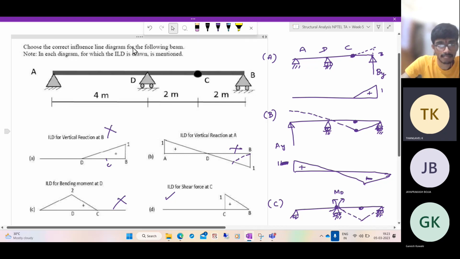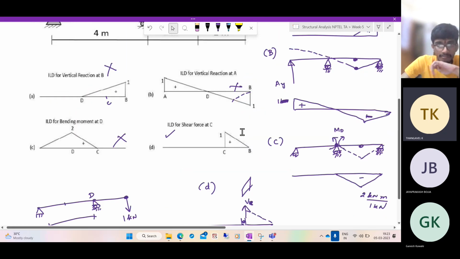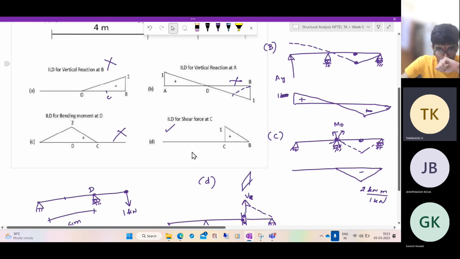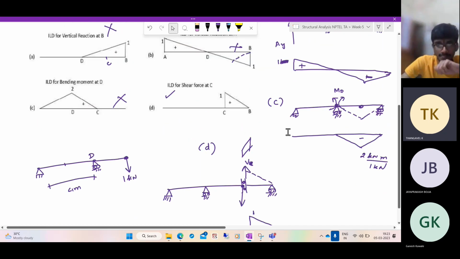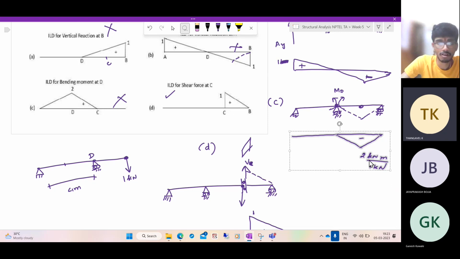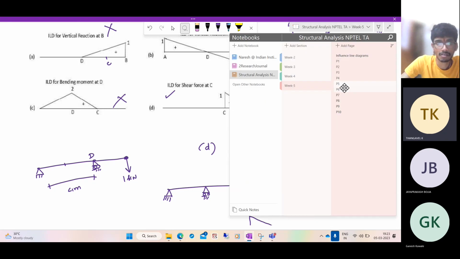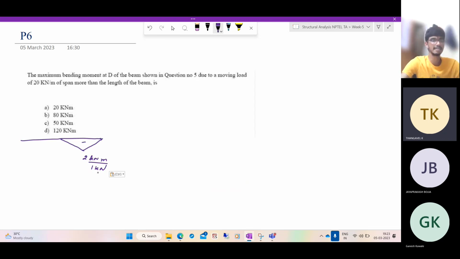Okay, I'm unable to select it, but let me just take the ILD for the maximum bending moment. Copy it here. So this is the influence line diagram for the maximum bending moment at the point D.